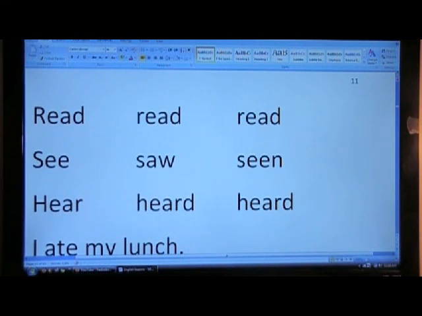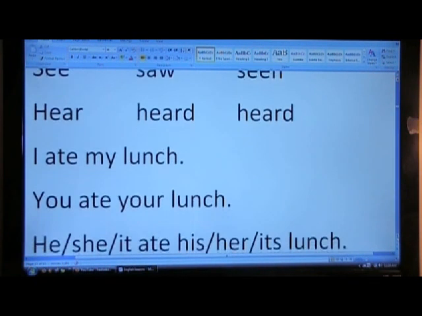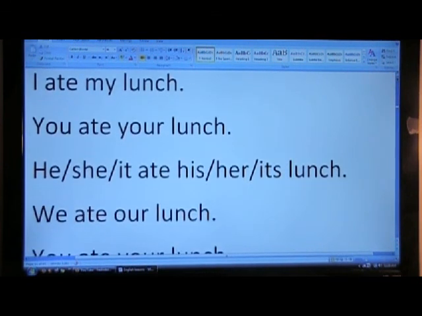Let's use them in sentences for past tense. I ate my lunch. You ate your lunch. He, she, it ate. He ate his lunch. She ate her lunch.